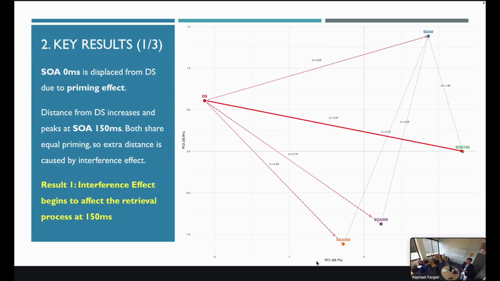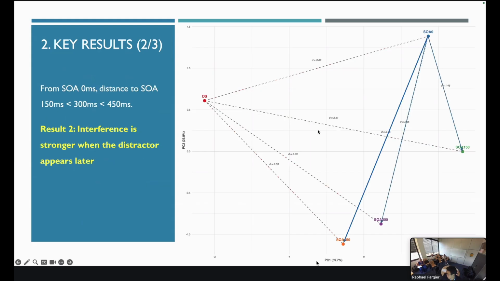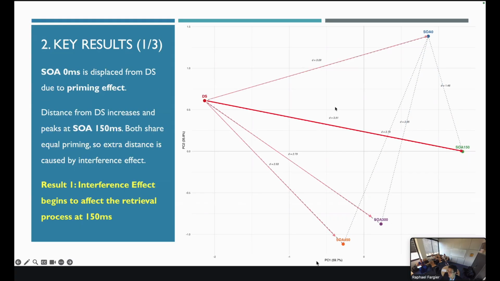So, from the method of our study, we have some key results. The first result is when we look at the SOA 0 and the DS, we see that the SOA 0 is displaced from the DS. So, as we assumed before, this displacement is due to the priming effect. But when we compare the distance between DS and SOA 0 versus DS and SOA 150, we see that this distance is larger.